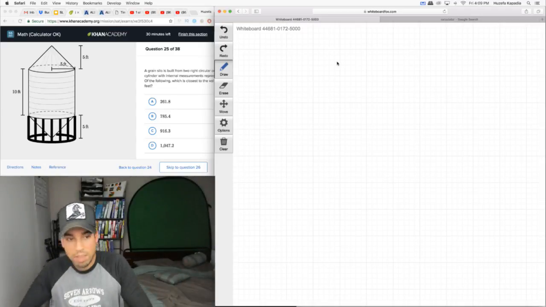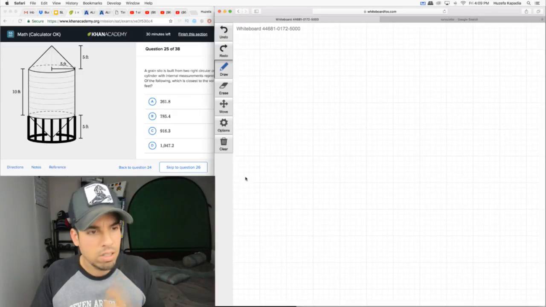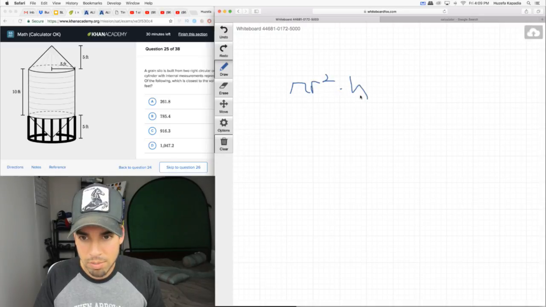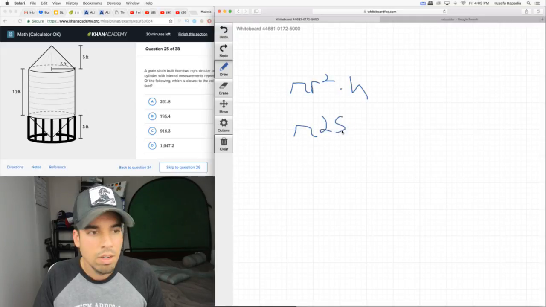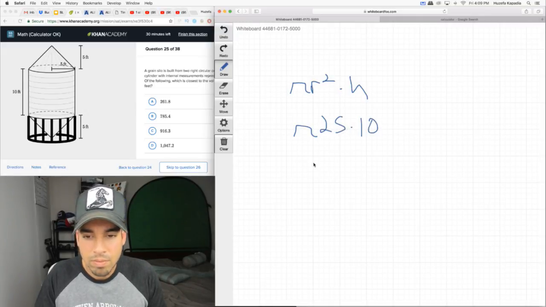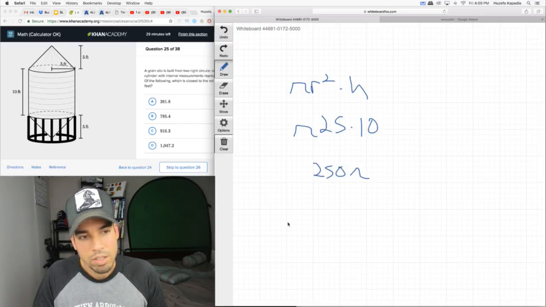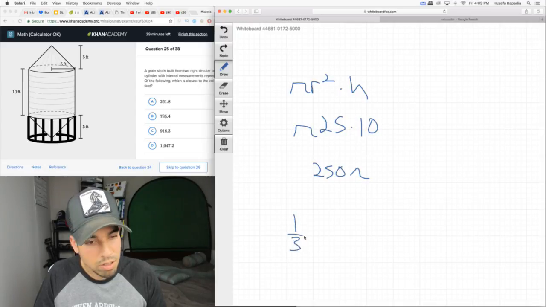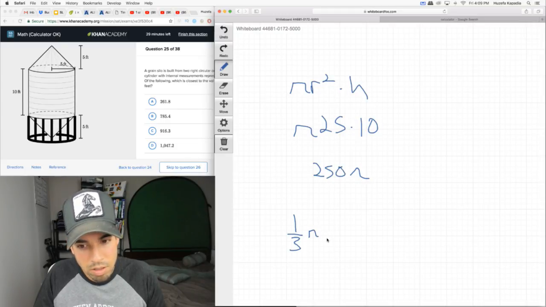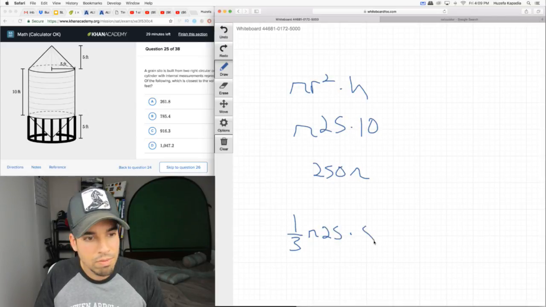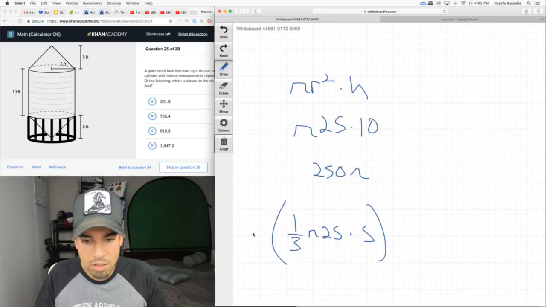Okay, sorry about that. Now we can calculate the volume. So volume of the cylinder is pi r squared times h. r is the radius, 25 times the height, which is 10. So 250 pi is this main chunk, and then we need these. I believe the formula for a cone is 1/3 pi r squared times height. r squared is again 25, height is 5, and there are 2 of these.